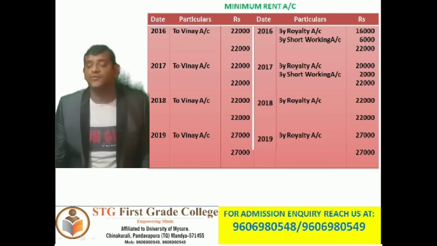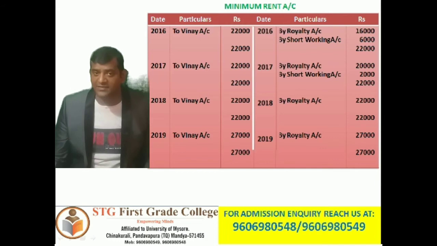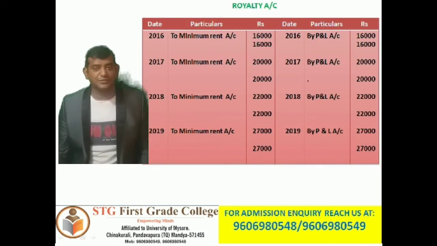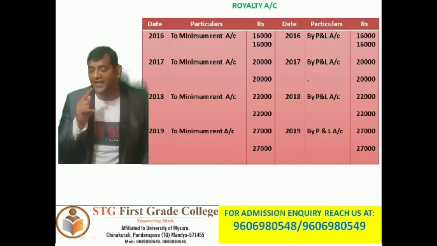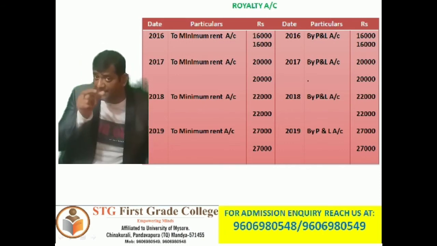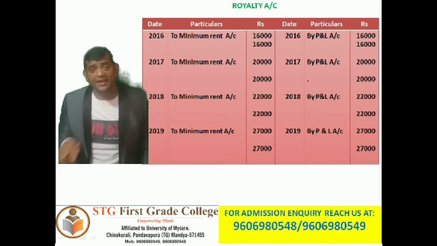So further we are moving on to the royalty account. That is, in the year 2016, to minimum rent account 16,000. This has been extracted from the royalty payable column in the analytical table.